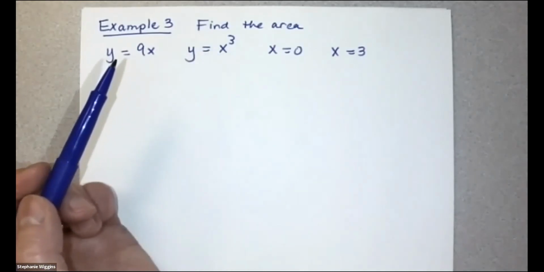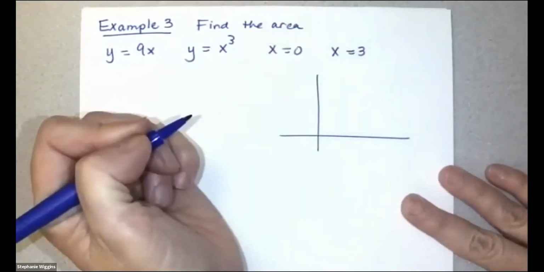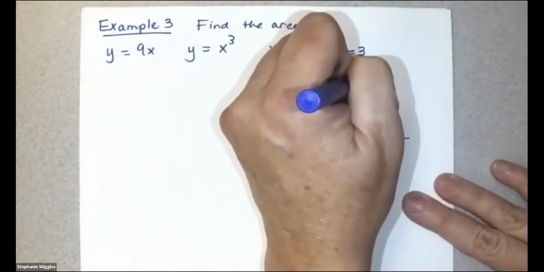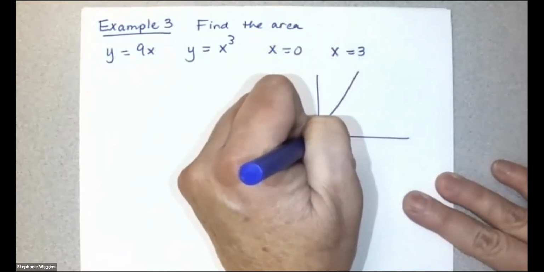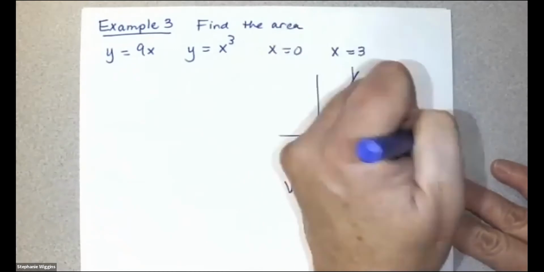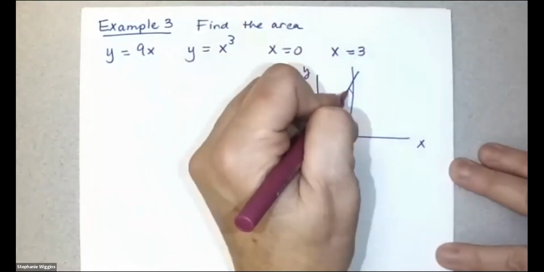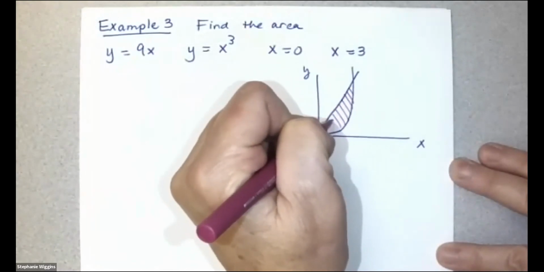So a graph is helpful, and you can use Desmos. When you graph this, it looks something like, well, you've got your linear function here, and then you've got your cubic function, something like that. So you're going to be finding this area here.